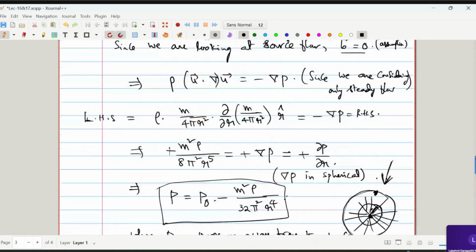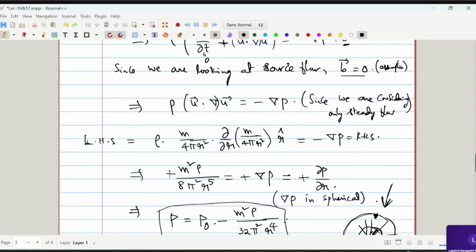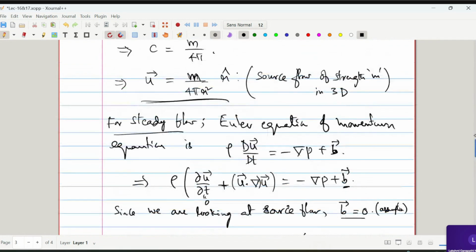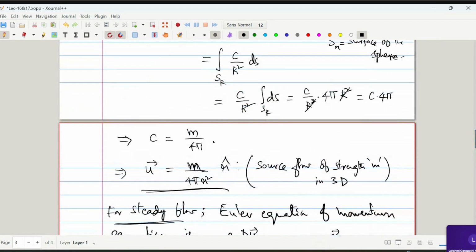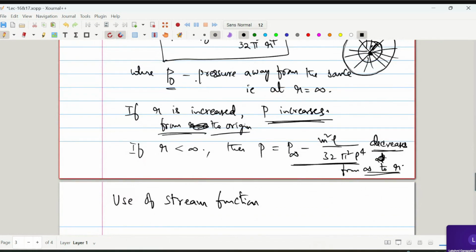For the sake of giving a source in 3 dimensions I have given this, so you have to understand it that way. Here for steady flow we have considered source, because it doesn't change with time. It's constantly going, a function of r. The variation is in the same straight line, so that's why you consider source flow as steady flow only. Source flow in 3 dimensions is the first 3-dimensional flow that you have done.